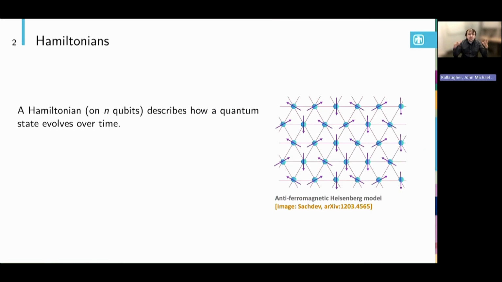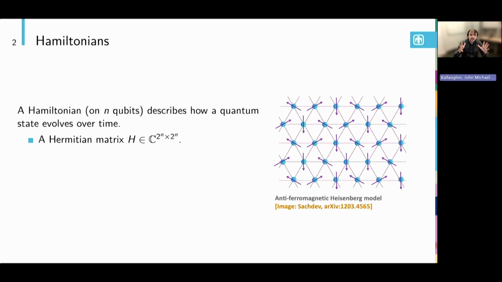Now, there's a lot of ways that you could think about what a Hamiltonian is, but for the purposes of this talk, we're going to think about it in a kind of computer sciencey way. We're going to say that a Hamiltonian on n qubits describes how a quantum state on those qubits evolves over time.